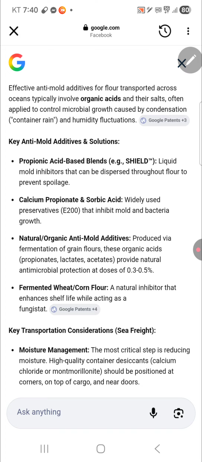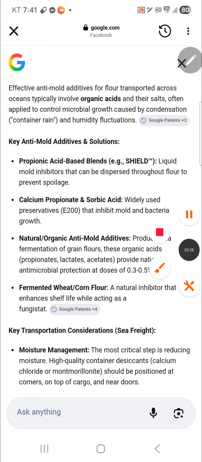These organic acids, propionates, lactates, acetates, provide natural antimicrobial protection at doses of 0.3 to 0.5%. Fermented wheat and corn flour, a natural inhibitor that enhances shelf life while acting as a fungistat.